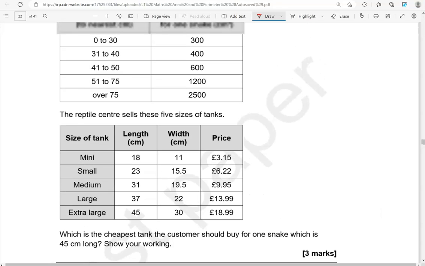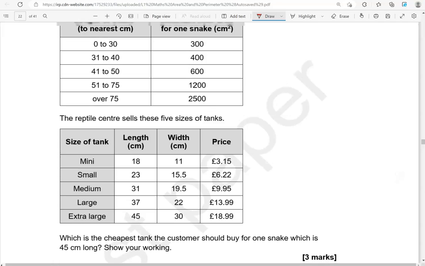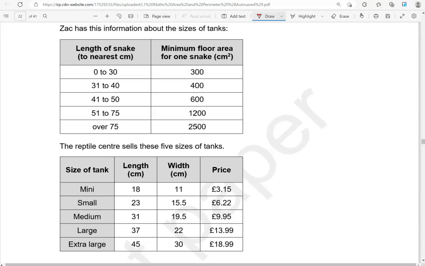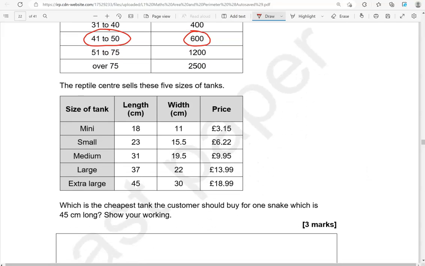Show your working. So the snake is 45 centimeters long, and that is between 41 to 50. So minimum floor area for the snake is 600 centimeters squared. We need now to find the cheapest tank that has that area.